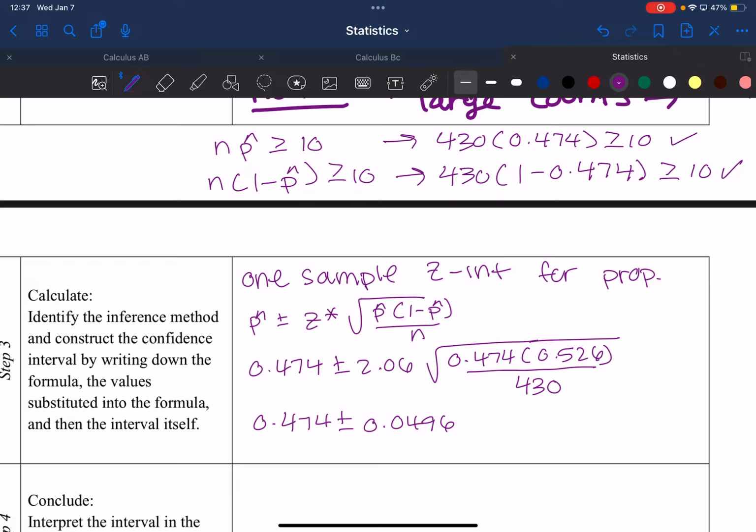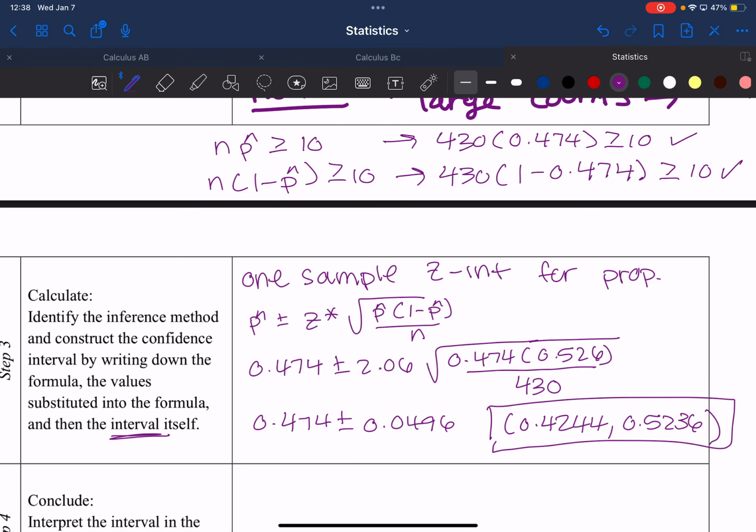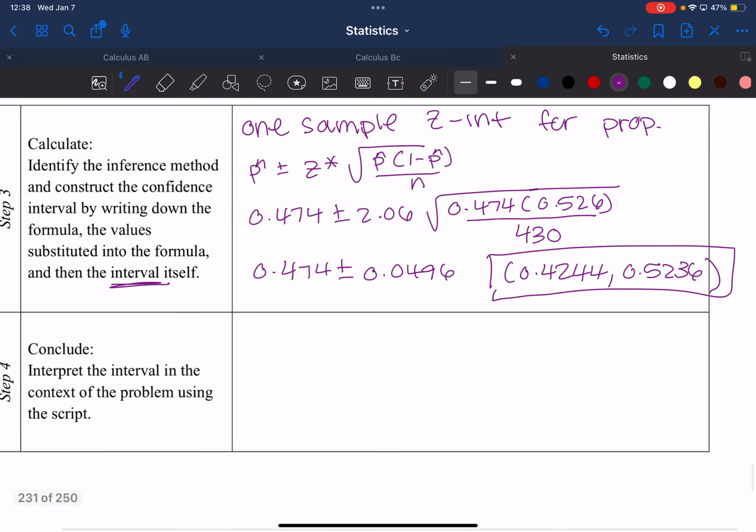And then I'm going to also write it with the interval because it wants us to find the interval. And it says there right at the bottom, find the interval. And how did I find this interval? Like, where did those numbers come from? Good, plus or minus the margin of error.